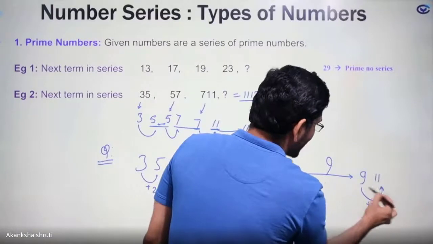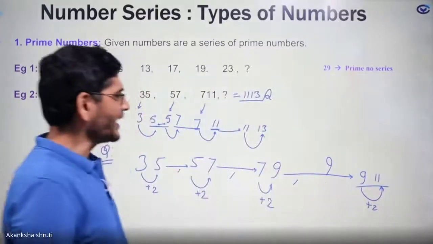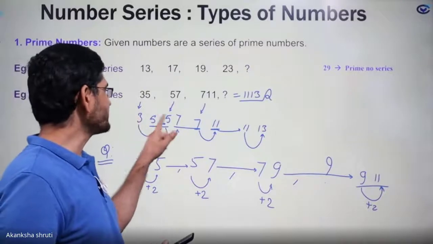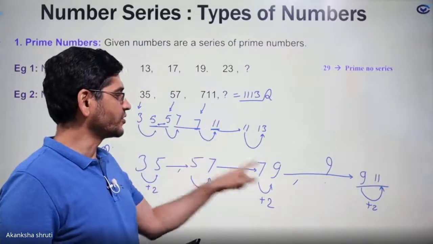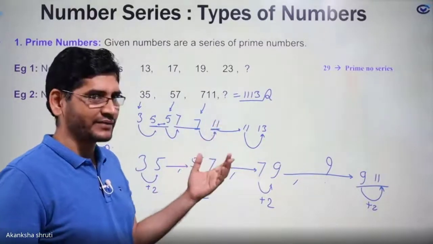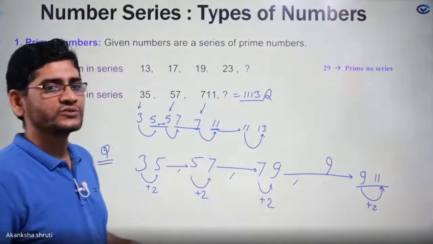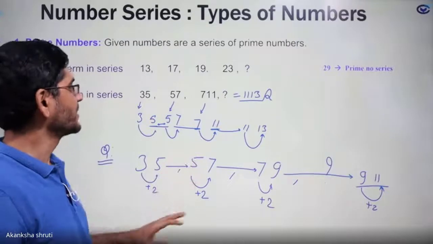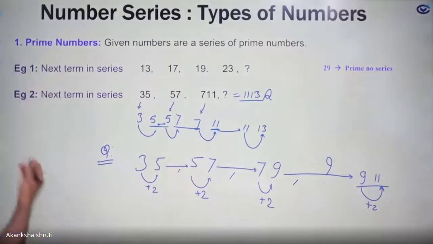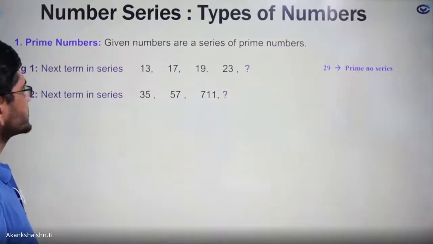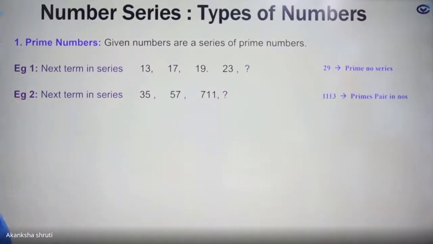Then it will be 9 and 11. But here we are observing this 3, 5, 7 and 11 is given, not the 9. Means 11 is a prime. So we have to choose the other prime, rather than considering the gap. Okay, students? So this was based on the type of number. Very good. So students, the same thing, 11, 13 is there.